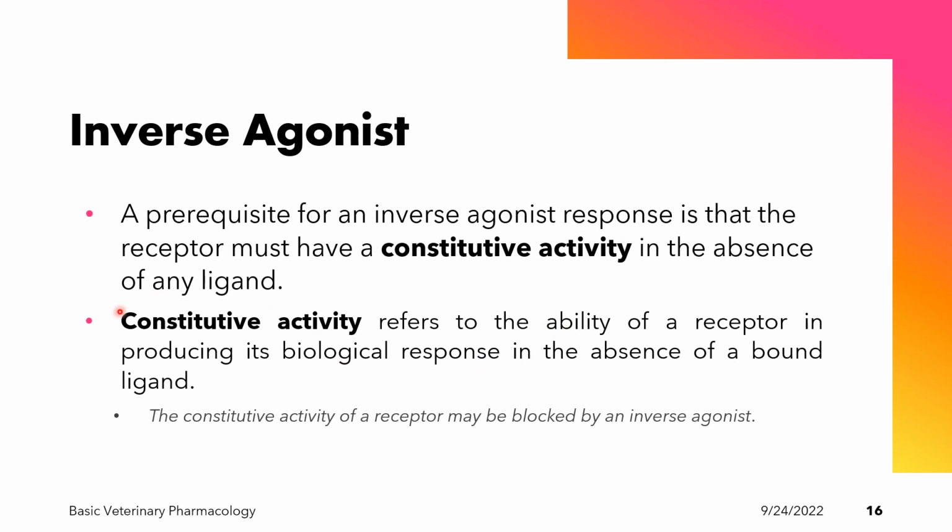So the receptor still has the ability to produce its response even if the ligand is not bound to it. The constitutive activity of the receptor may be blocked by an inverse agonist.